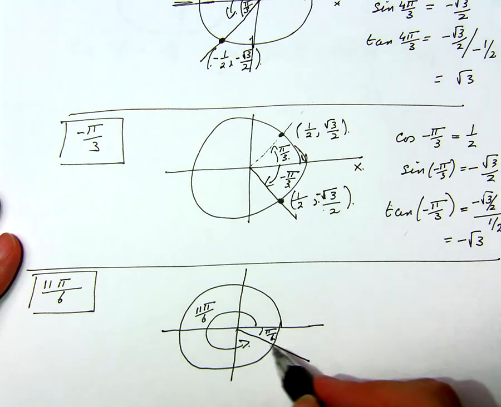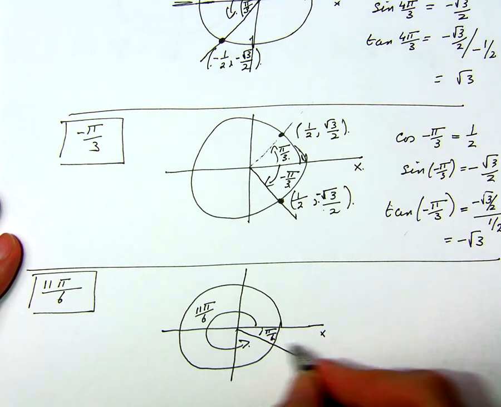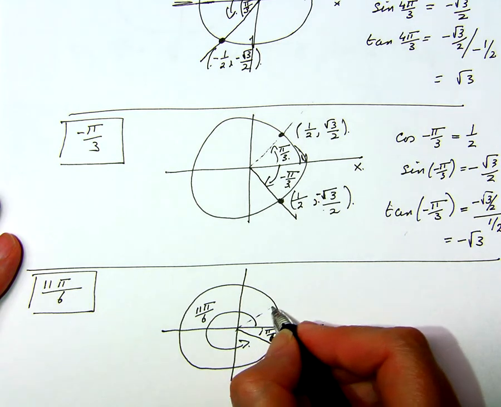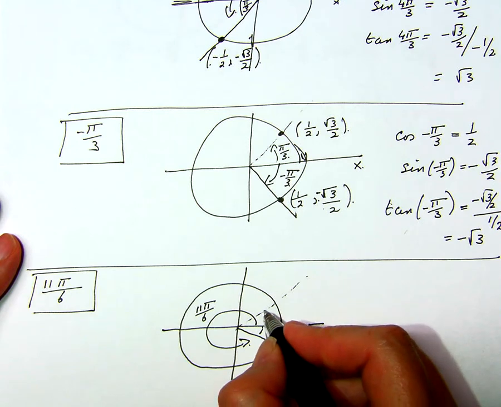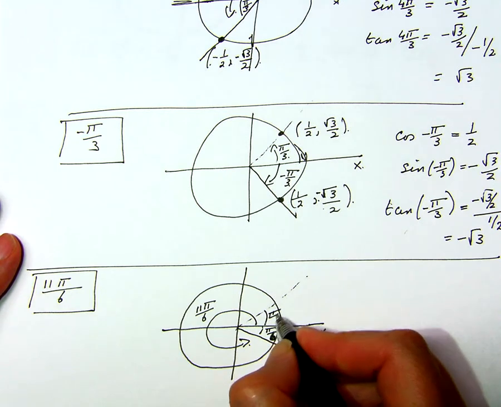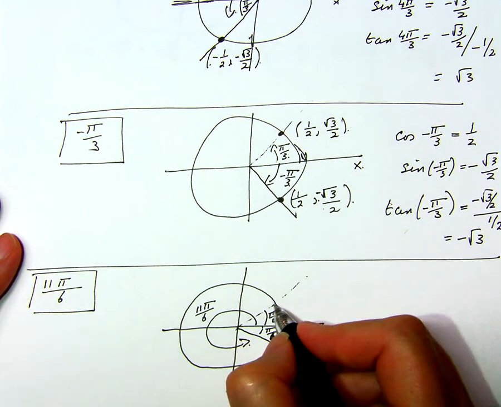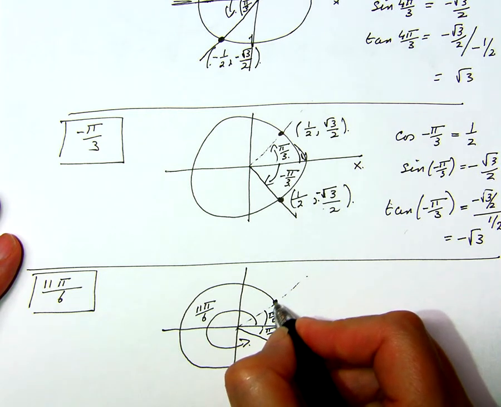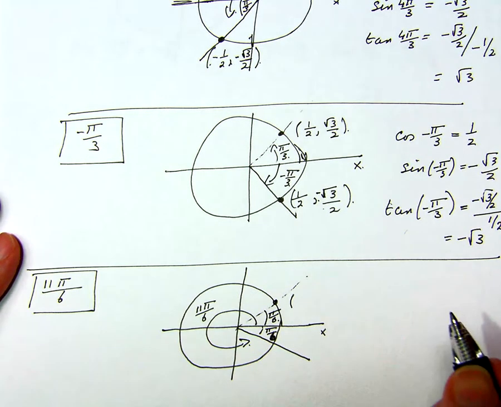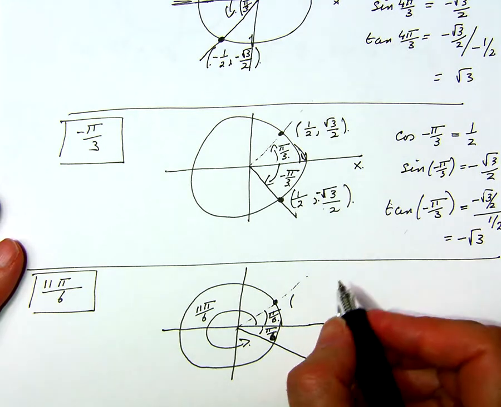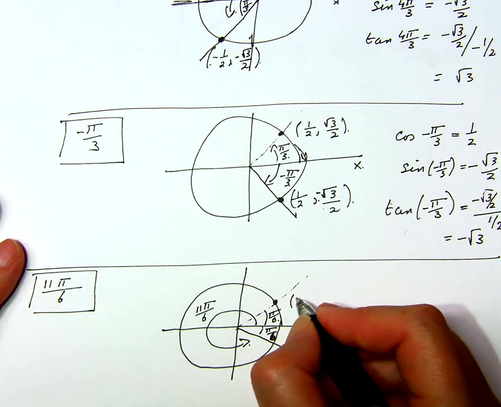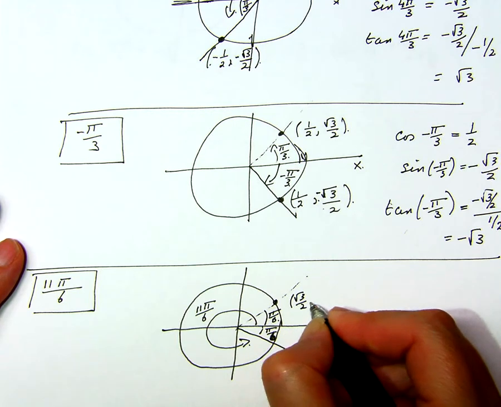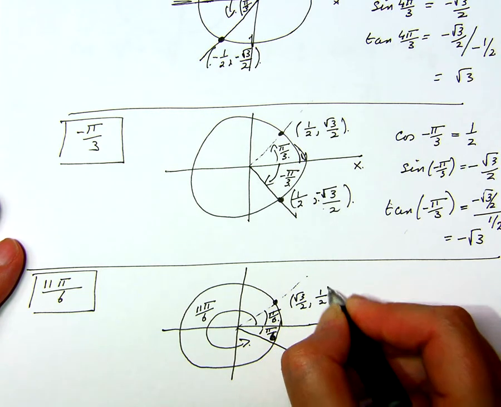Once again, I'm going to reflect that ray in the positive x-axis to get a ray in the 1st quadrant, which makes an angle pi over 6 with the positive x-axis. Now I know the coordinates of the point where that new ray cuts the unit circle. They are cosine pi over 6, which is root 3 over 2, sine pi over 6, which is 1/2.